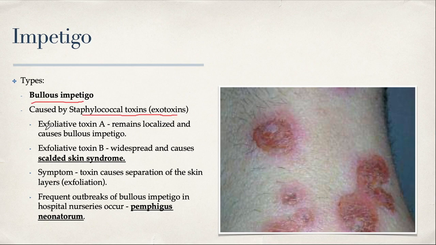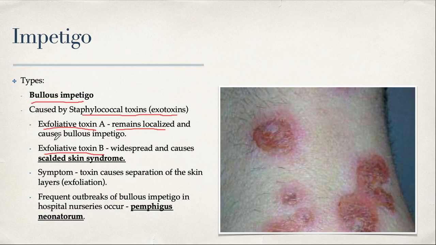And so you have exfoliative toxin A and exfoliative toxin B. Toxin A causes bullous lesions that remain localized, and so it's a very localized form of the impetigo.